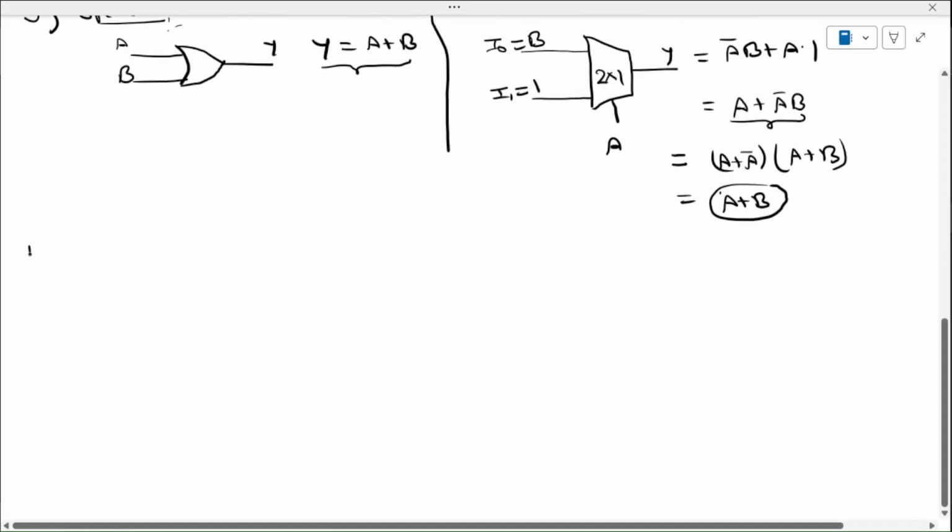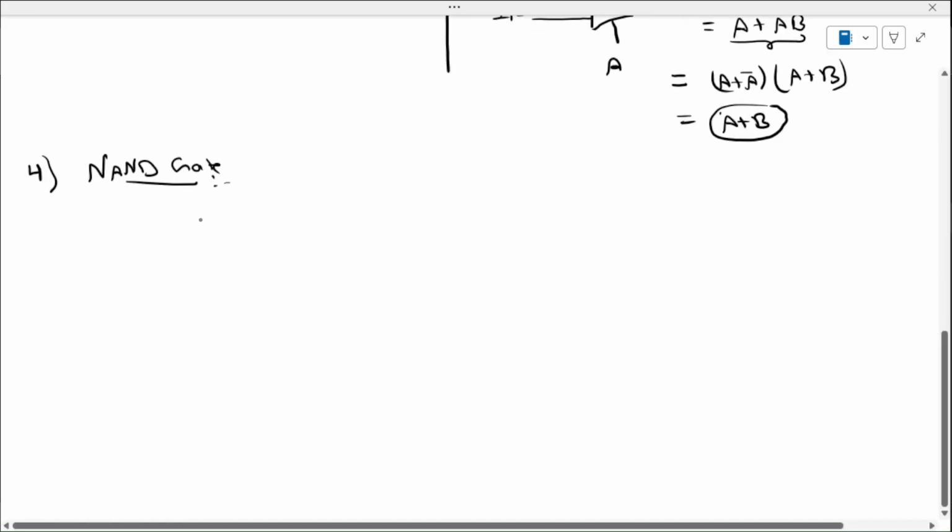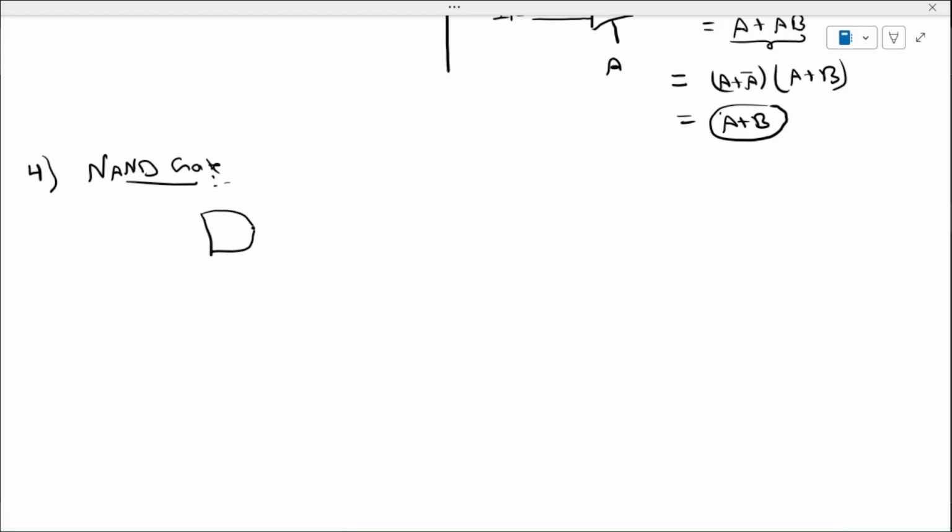Now let's discuss the fourth one, the NAND gate. In the case of the NAND gate, this is the inverted AND gate only. The equation will be Y equals A dot B whole bar.